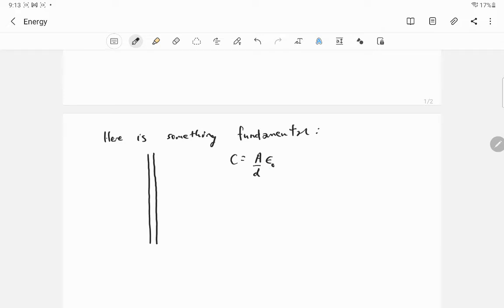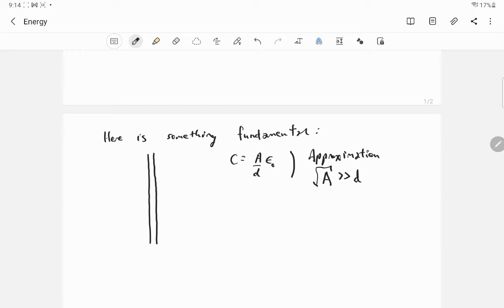Okay, so this result comes from an approximation, right? We're approximating that the area and the separation distance is really, really small compared not to the area, but in a sense to the square root of the area, or the edge length of the sides of the rectangles.